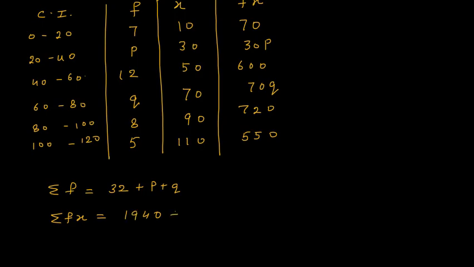So 1940 plus 30P plus 70Q. Okay, you cross verify this sum once again.